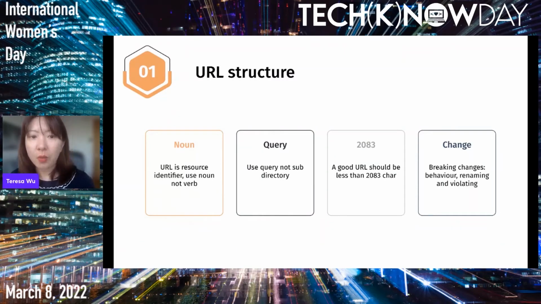And always use a query if you can, instead of using a subdirectory. A good URL should be less than 2,000 characters long. And you should avoid having breaking changes very often. Any breaking change should be communicated beforehand, because those breaking changes might end up breaking your app.